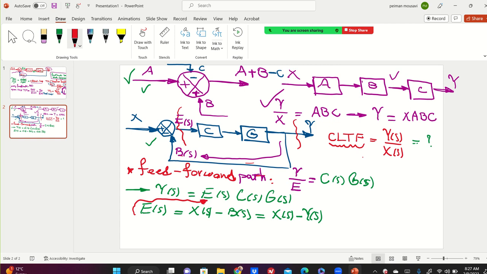Bingo. If I do that, Y of S becomes X of S minus Y of S times C of S times G of S.